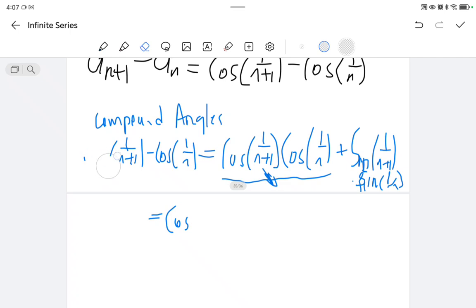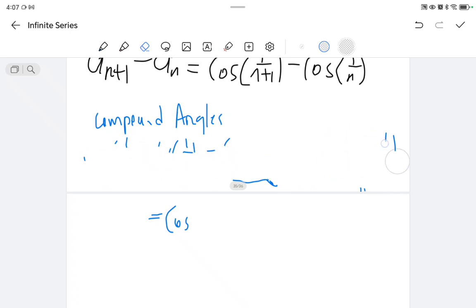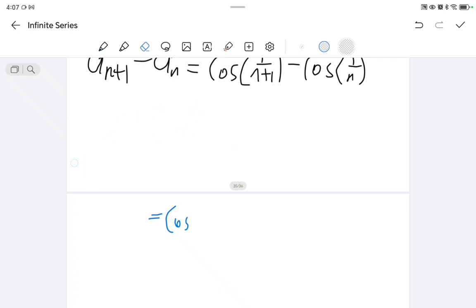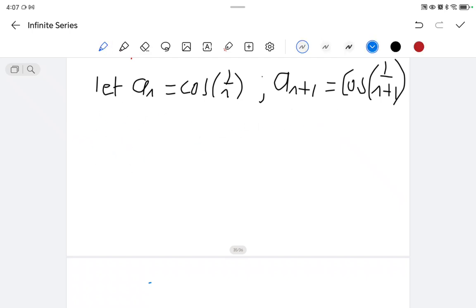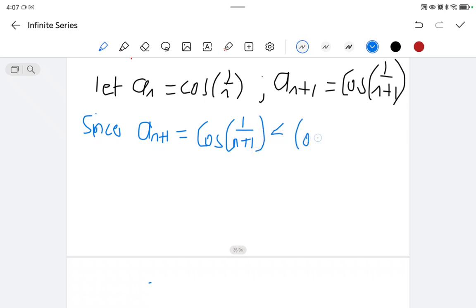If we're dealing with cos, let's just use a P series, because otherwise I'm going to have to use properties, and you'll be forced to go back to SMTH011. So we can use a P series. Since a of n plus 1 is equal to cos of 1 over n plus 1, by P series this will be less than cos of 1 over n, because we just reduce that 1.